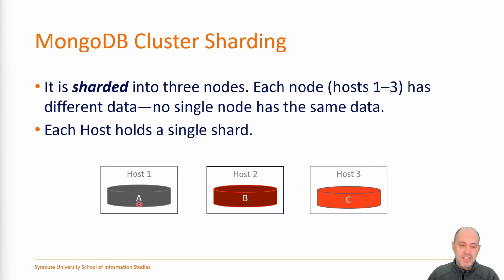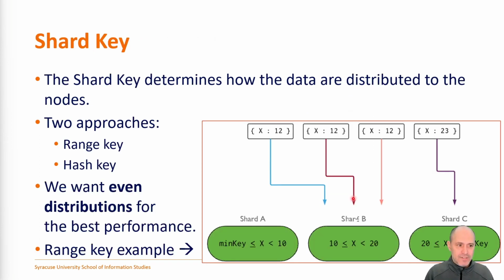If I don't specify a shard key, it's going to have some of this document, some of that document, some of that document. Whatever we shard on, we want to make sure that the shards are well balanced. We don't want to be in a situation where host 1 has like 99% of the data, and the others have 0.5% and 0.5%. That's not good balance. We want to make sure our shards are balanced.